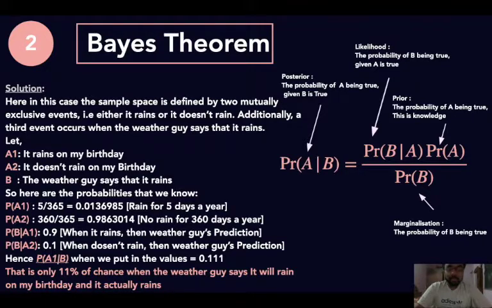So now we need to obviously find the probability of rain on my birthday, given the weather guy's prediction. So we would just put these values in the Bayes theorem and we would get a solution of 11% chance of rain when the weather guy says it will rain on my birthday. So obviously the weather guy is wrong, because Bayes theorem gives us an idea about considering the whole ratio, not just one single probability that the weather guy said.